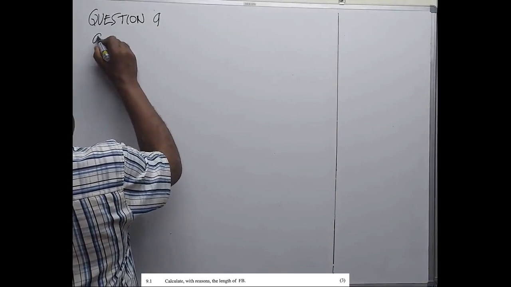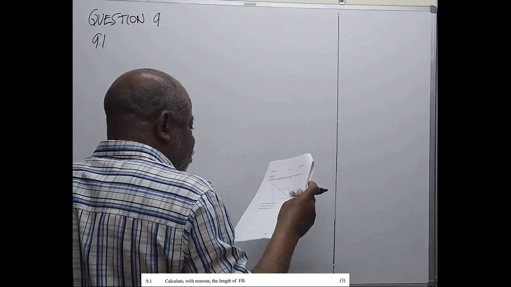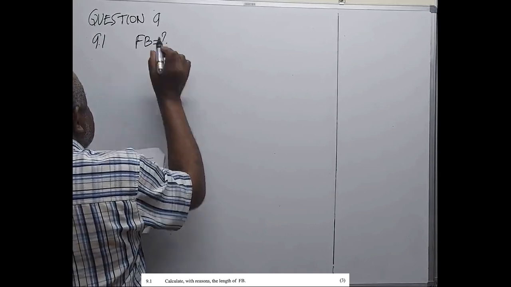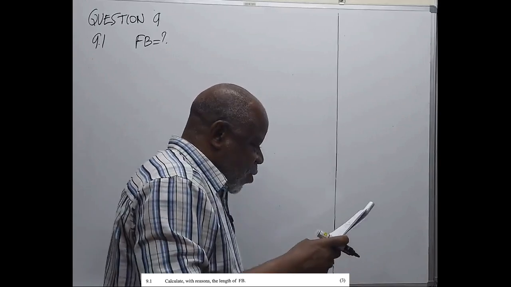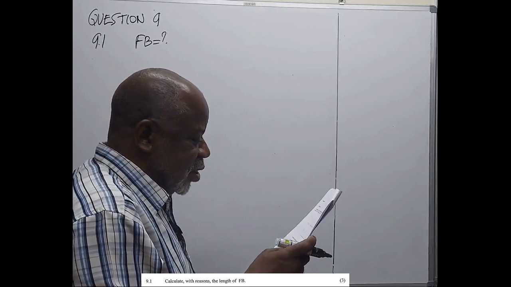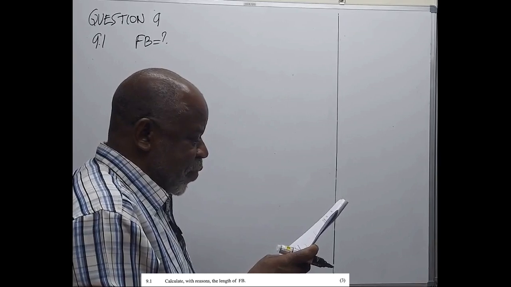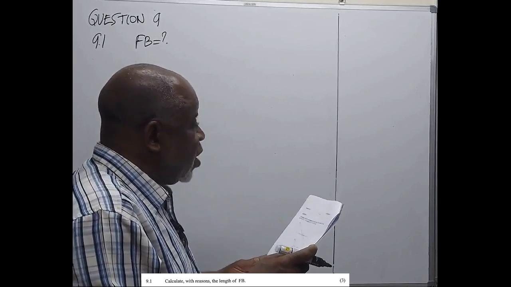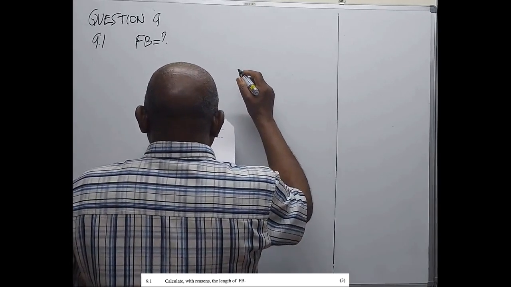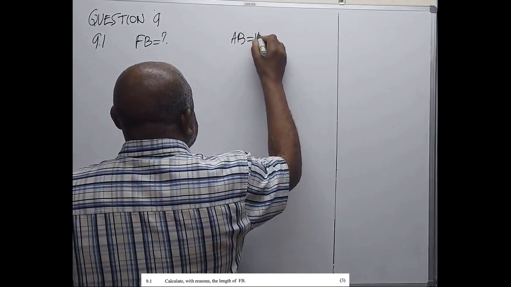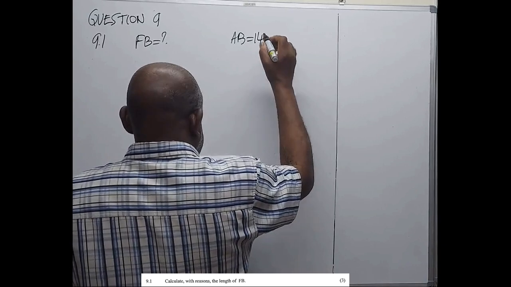The first question is 9.1. They're saying, calculate with reason the length of FB. They want us to get the length of FB. If we watch our diagram very well, here you can think about the proportionality theorem. We know the values which are given: AB is equal to 14 units.